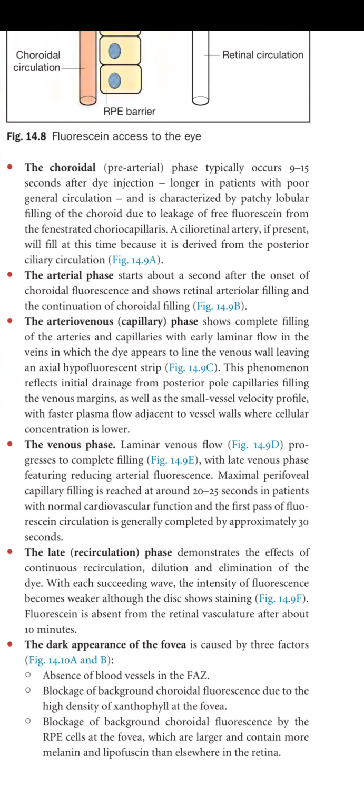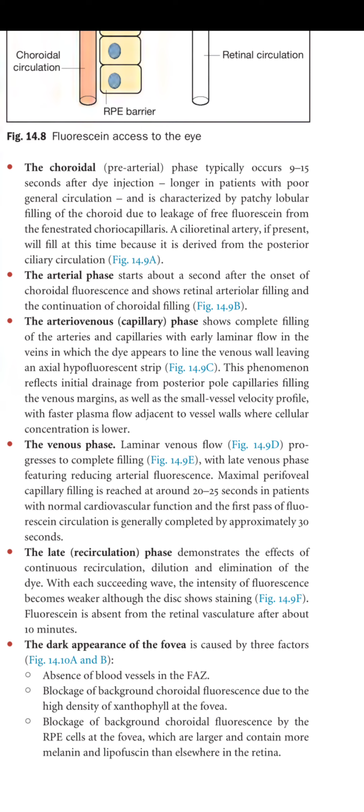Then there is a venous phase. Laminar venous flow progresses to complete filling, with the late venous phase featuring reducing arterial fluorescence. Maximum perifoveal capillary filling is reached at around 20 to 25 seconds in a patient with normal cardiovascular function, and the first pass of the fluorescein circulation is generally completed by approximately 30 seconds.